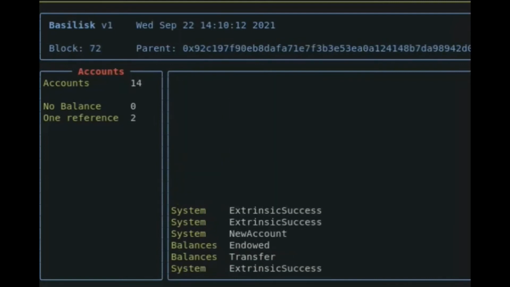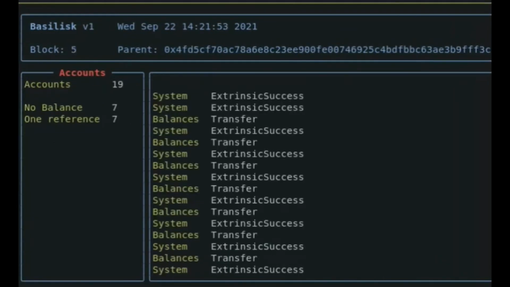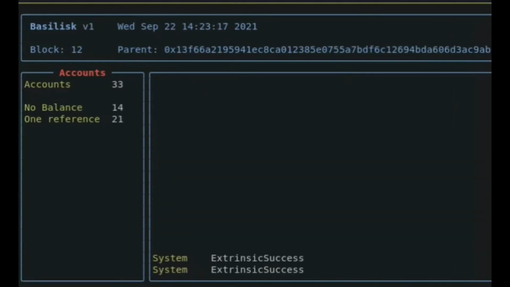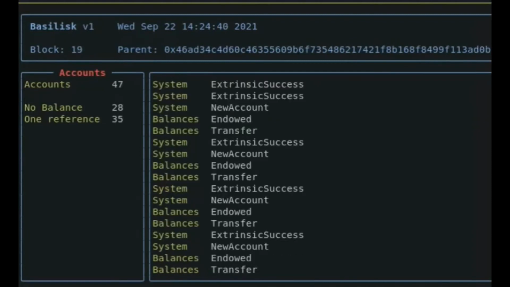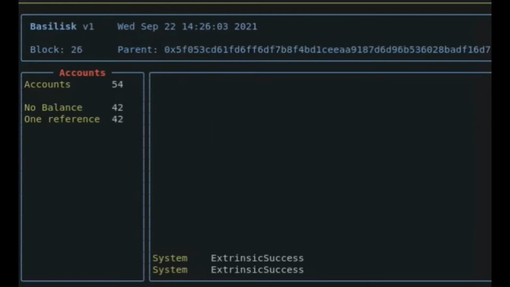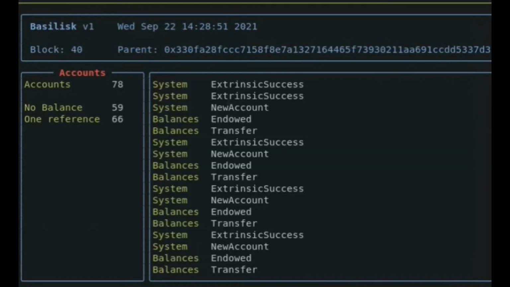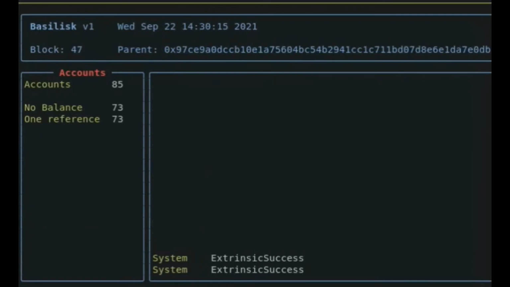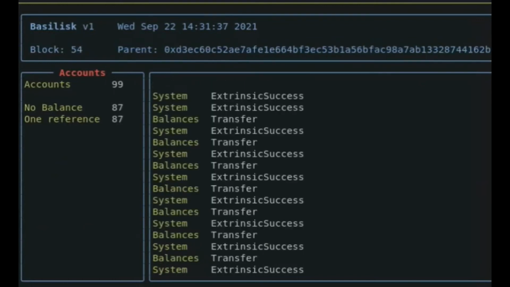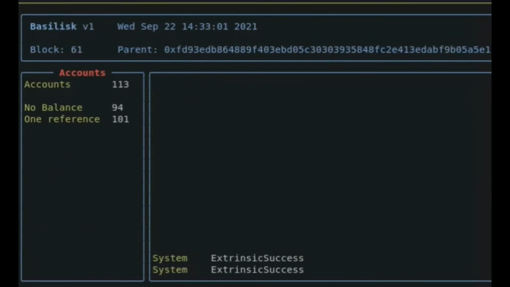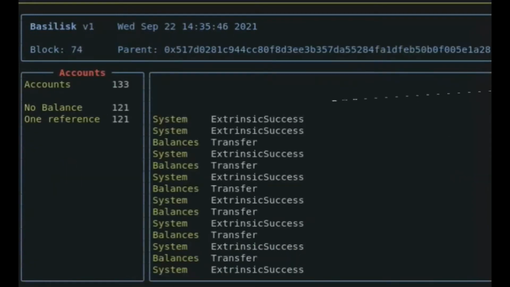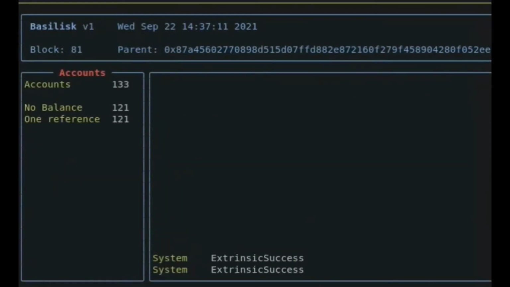Okay, this is the second one. So on the left side, we see the total number of accounts in the system, and under it the total number of accounts without any balance and with one reference only. On the right side, we see the events for each block. So we see that only accounts are created, and the number of accounts is increasing and increasing.